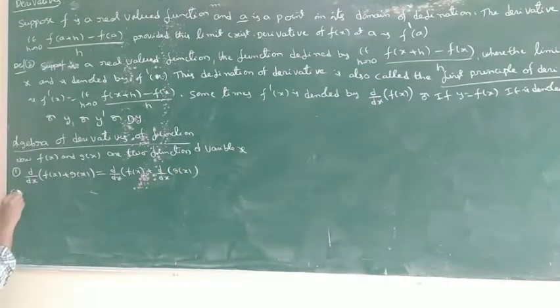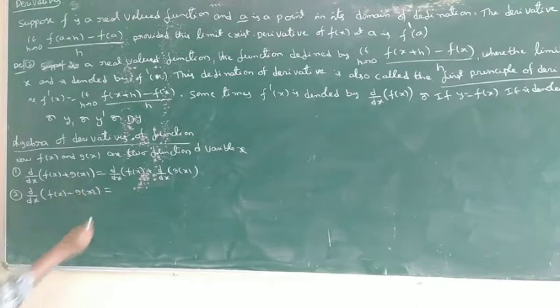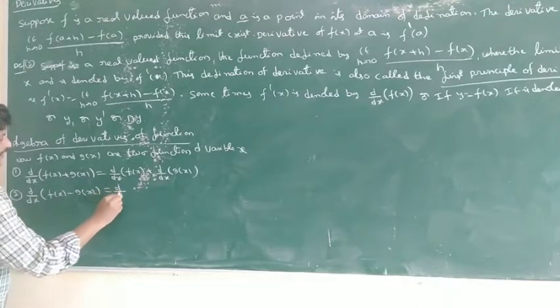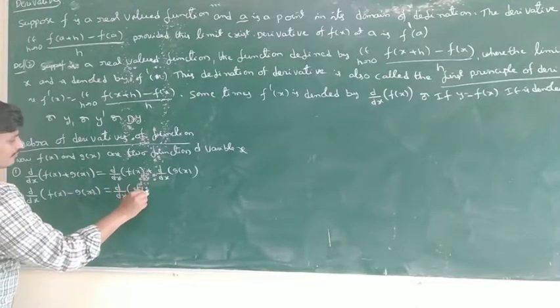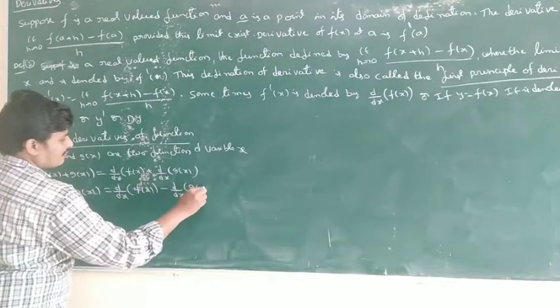Already algebra of limits also completed. Next, second one, d by dx of f of x minus g of x is equal to d by dx of f of x minus d by dx of g of x.